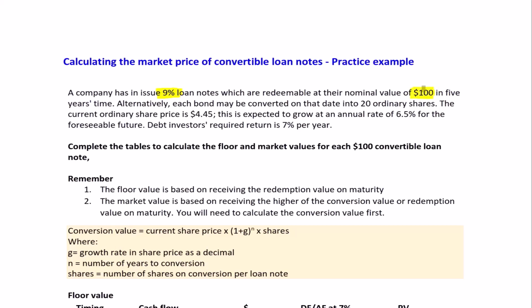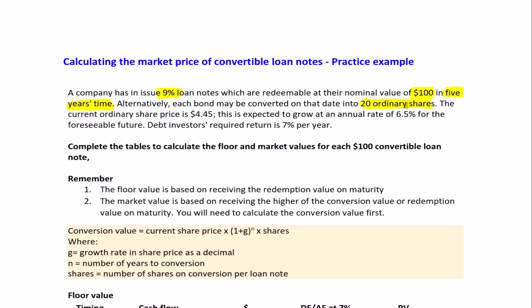Now remember, the coupon rate of 9% also works off that nominal value. They have a term of 5 years, and these are now convertible. Each bond may be converted in 5 years' time into 20 ordinary shares.